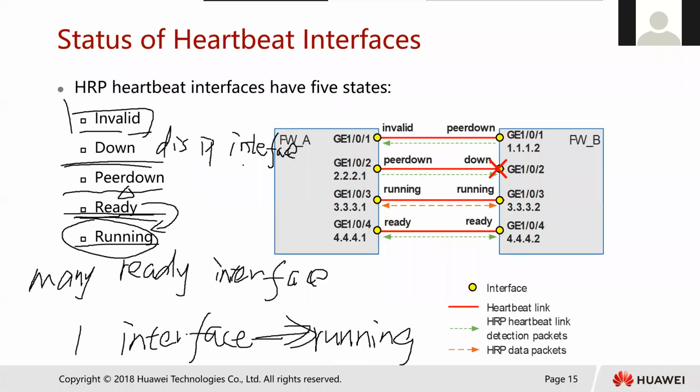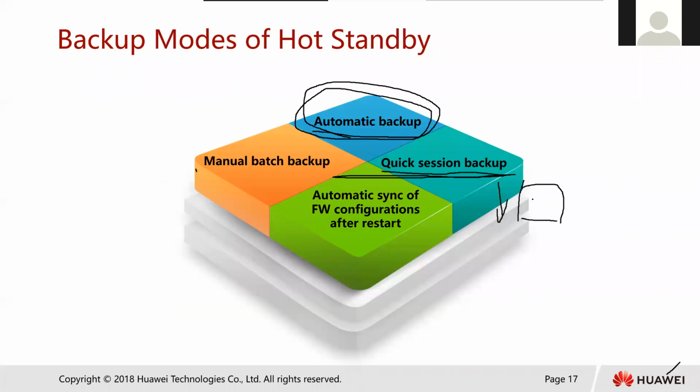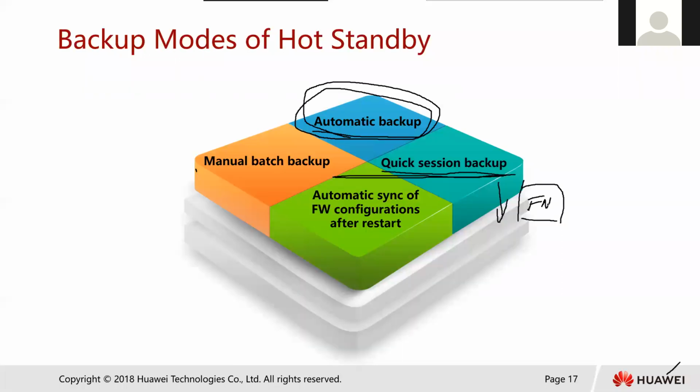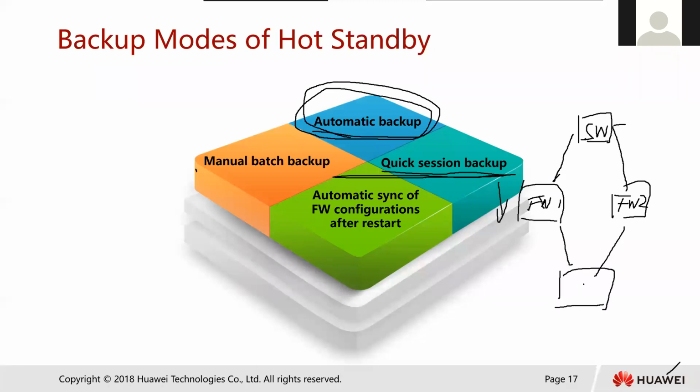For example, in this diagram, this is firewall one, firewall two, this is a switch, and this is a PC.